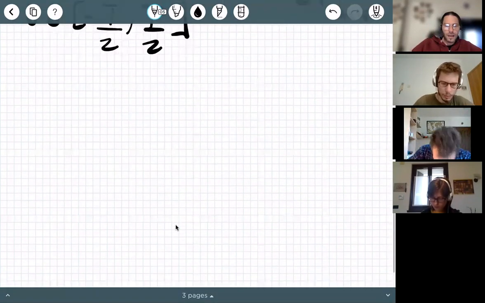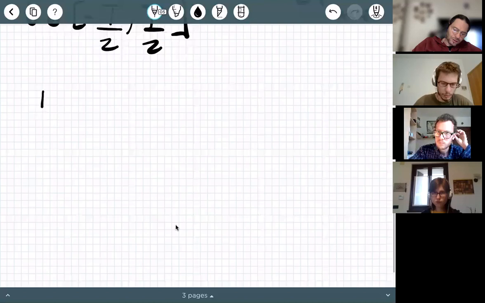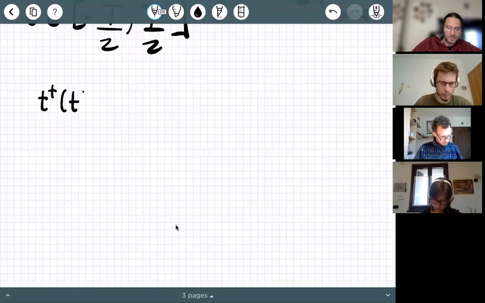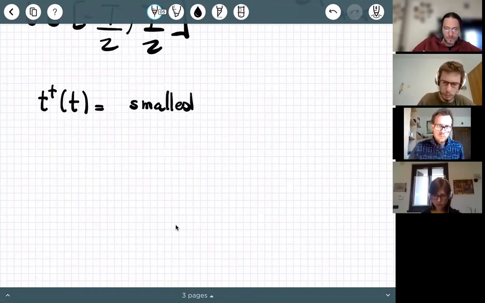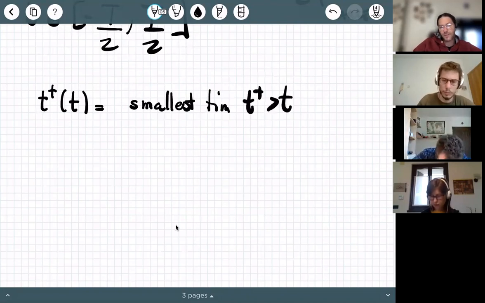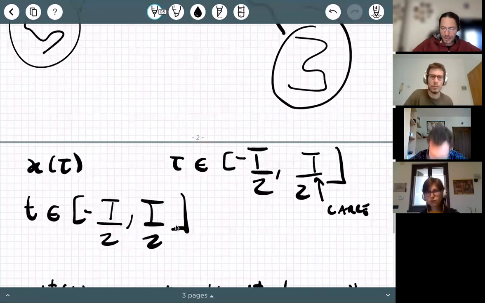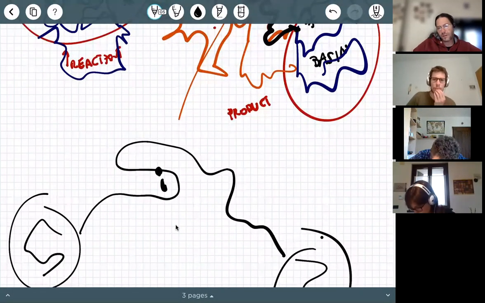So let's define two quantities, two functions of this time, this instant t. T plus of t is defined as the smallest time t prime greater than my time, so the nearest time in the future, such that x of t prime belongs to R united with P. So basically, suppose at the time t, I'm in the middle of the road here.